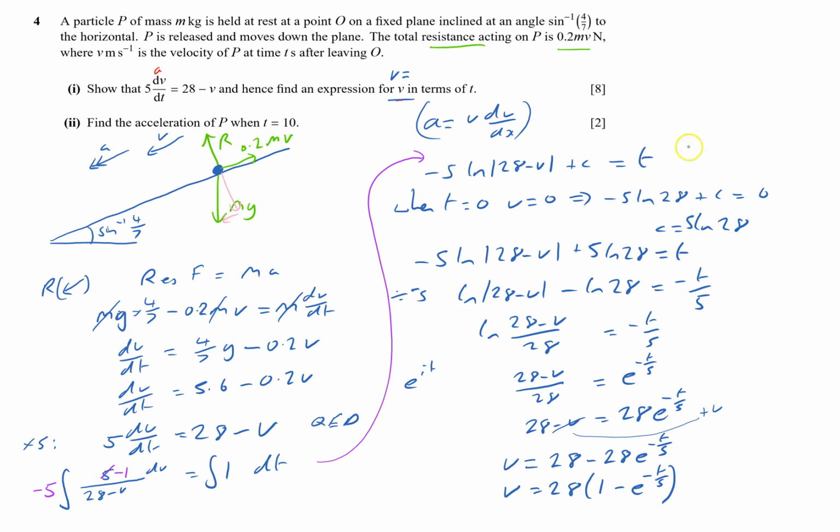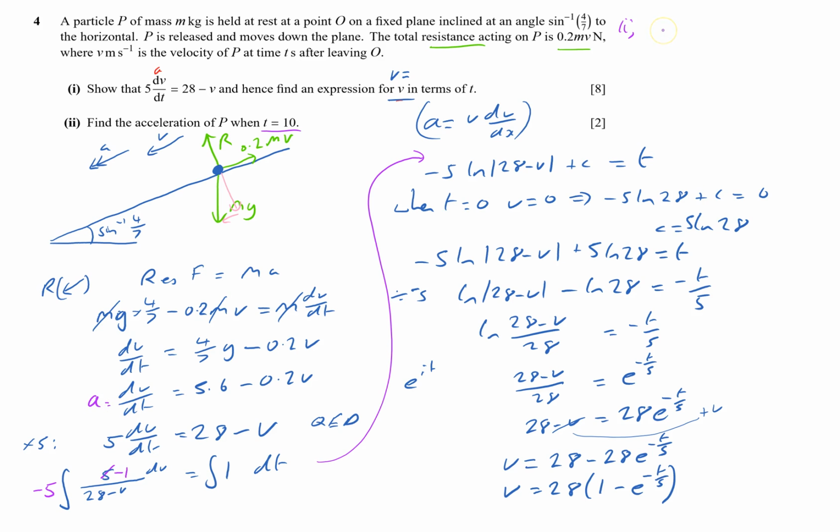Now I've got a tiny bit of space up here to do part 2. I'll do this bit in purple. I've got to find the acceleration of P when t equals 10. Well, this is my formula for acceleration, a equals dv by dt. All I need to do is find out what v is, and then I'll be able to work out what the acceleration is.